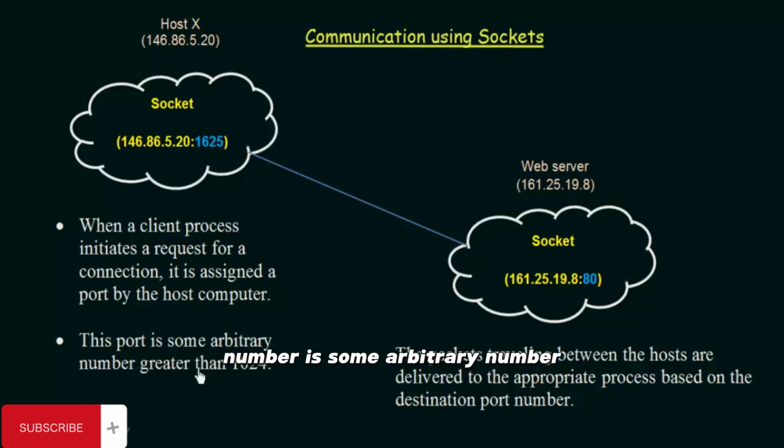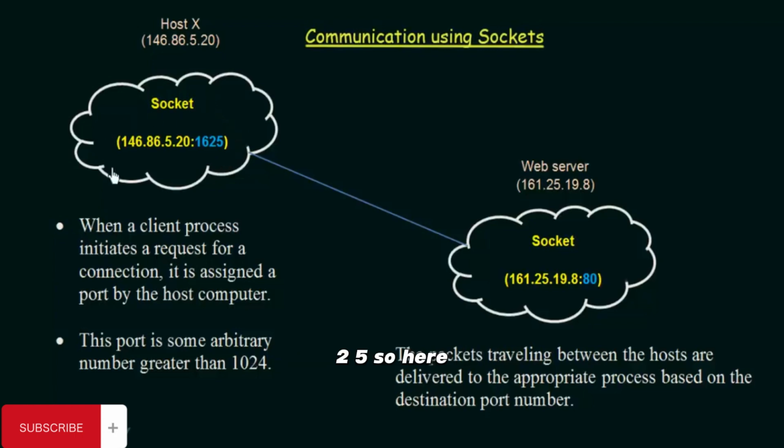This port number is some arbitrary number greater than 1024, and why should it be greater than 1024? Because the port numbers below 1024 are considered well known and are used for implementing standard services, as we have already seen. So whenever a port number is assigned to a process, it has to be something greater than 1024. For example, here we have used 1625.